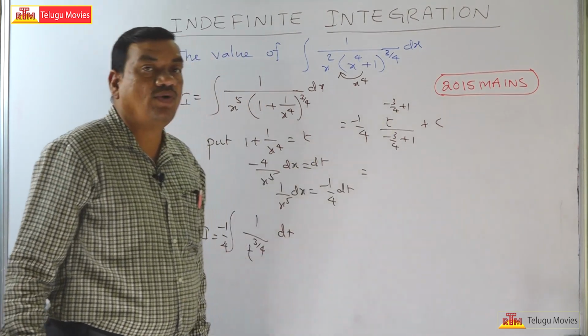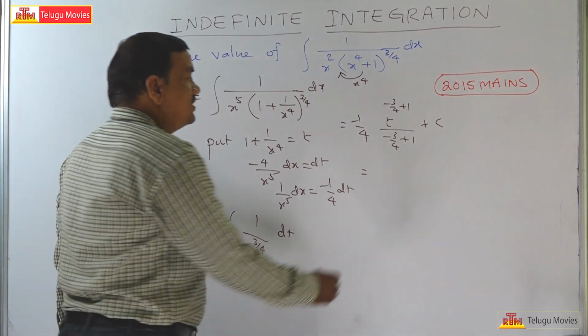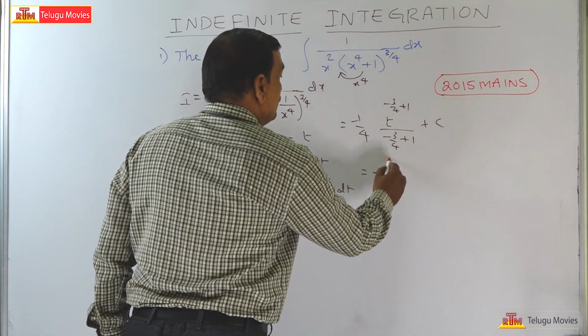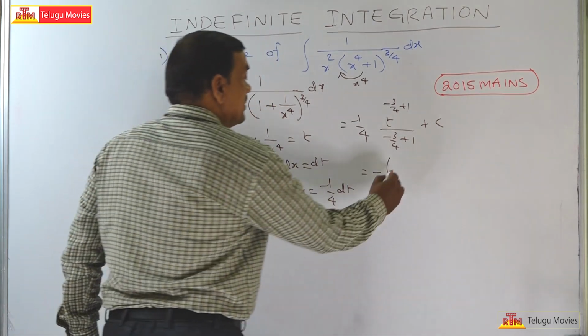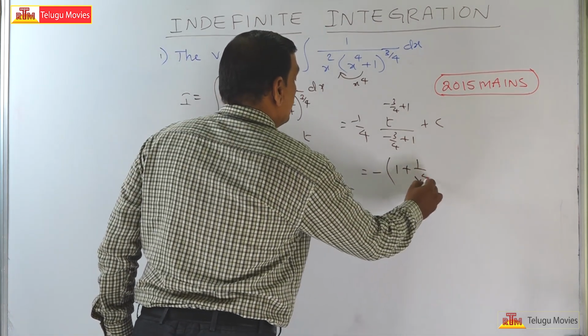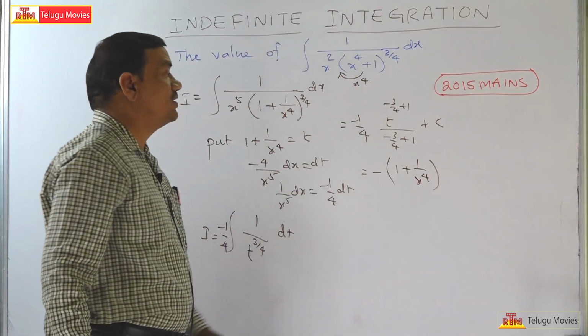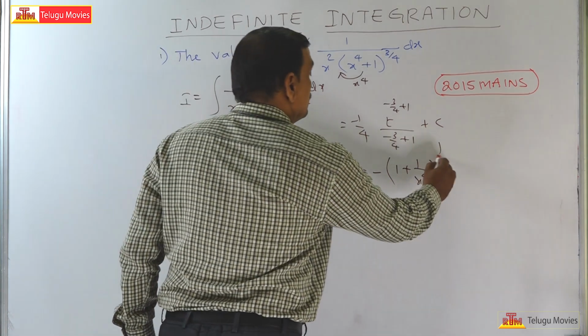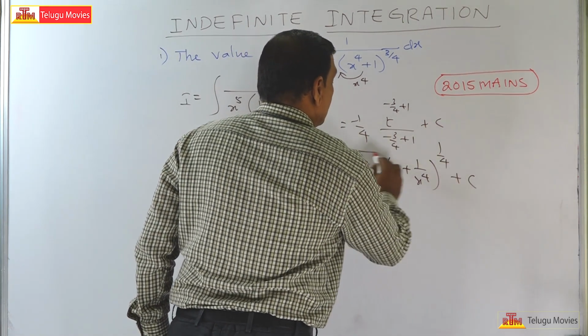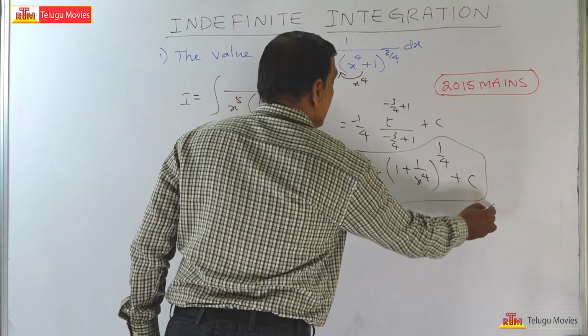Minus 3 plus 4 is 1. In total this is equal to minus t to the power of, t means how much? 1 plus 1 by x to the power of 4, whole power 1 by 4, plus c. This will be your final answer.